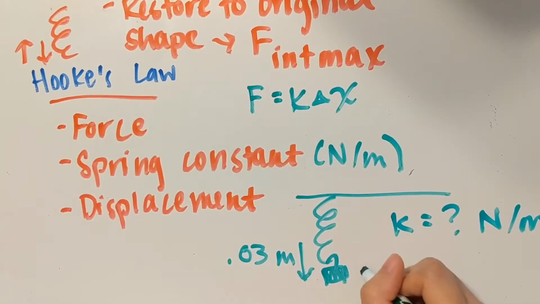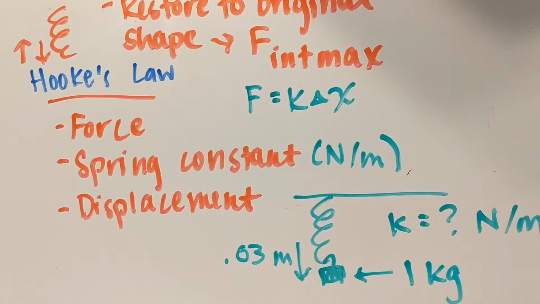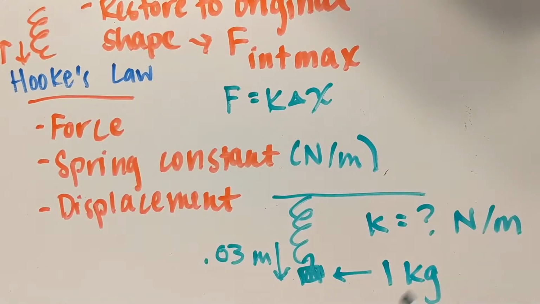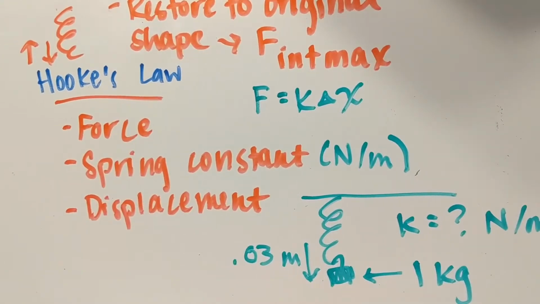And the weight of this weight, I guess, is 1 kilogram, or the mass of this weight. Okay, so now we can use these variables, 0.03 meters and 1 kilogram, in order to find the spring constant by plugging them into the respective variables up here.